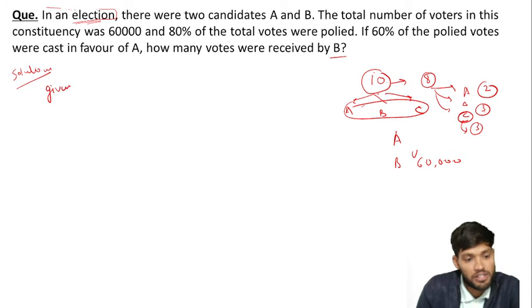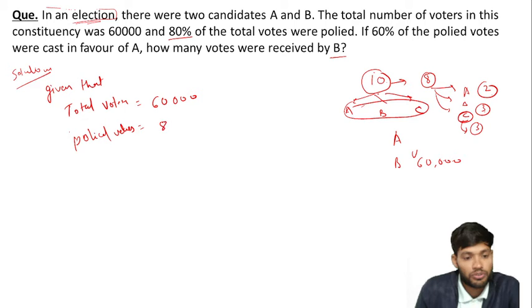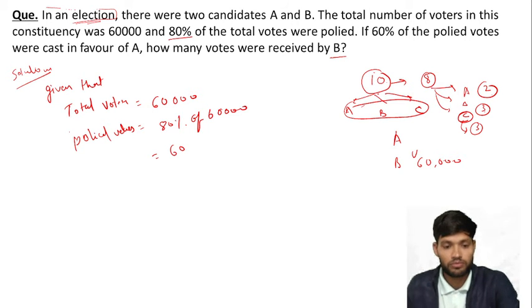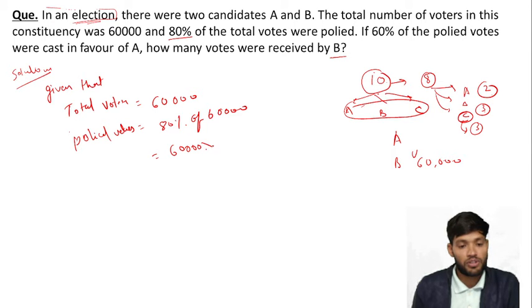Given that total voters is equal to 60,000 and polled votes is equal to 80% of 60,000. That is 60,000 into 80 upon 100, which gives 48,000.